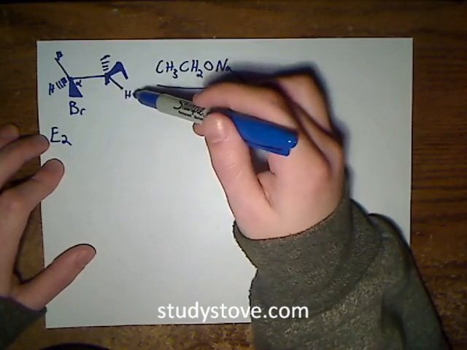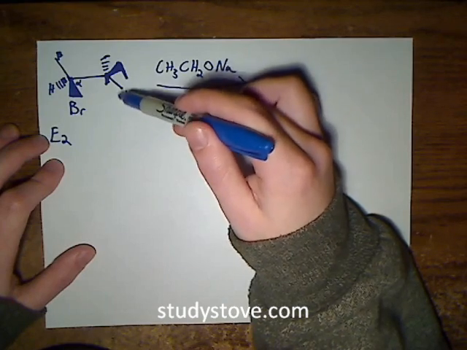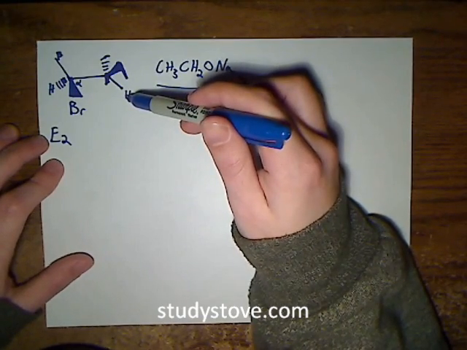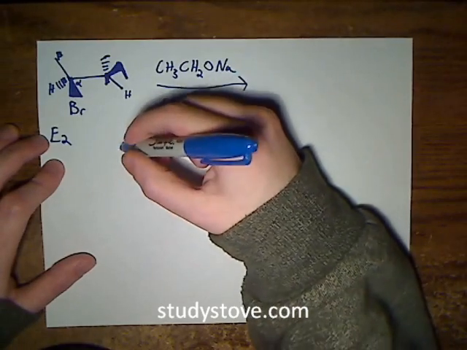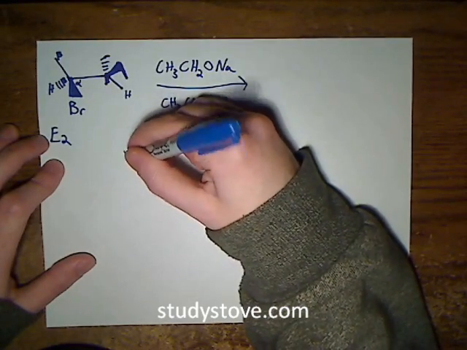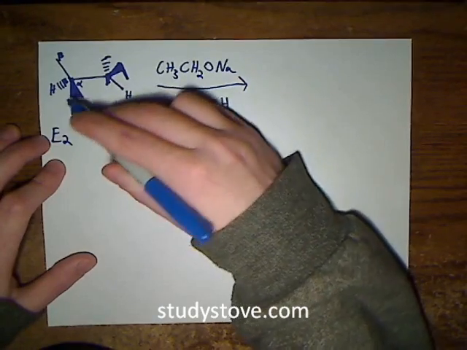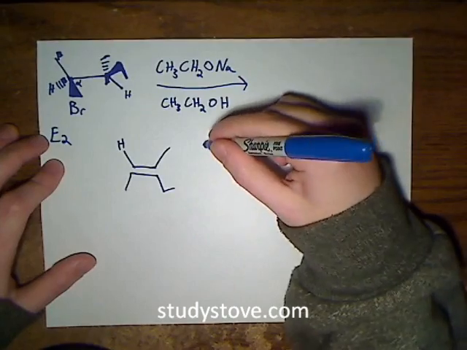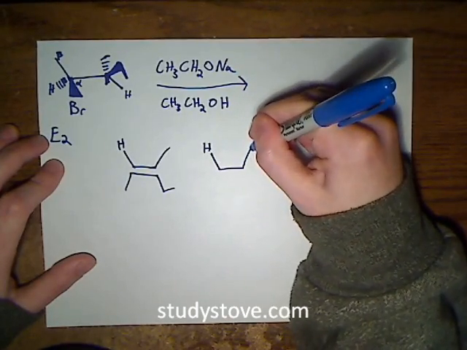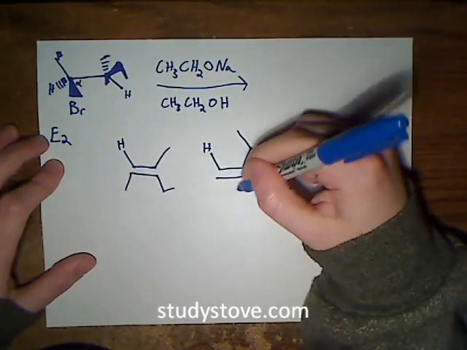So we know that we're going to end up reacting the base with this proton right here. But that doesn't give us our answer yet, because there are still two different possible arrangements about the double bond. We can either have the hydrogen on the same side as a methyl group, or we can end up with the hydrogen on the same side as the ethyl group.